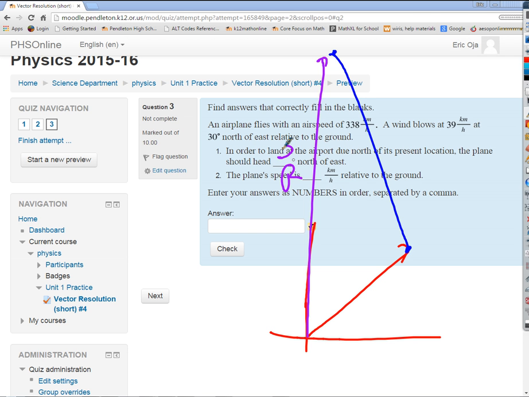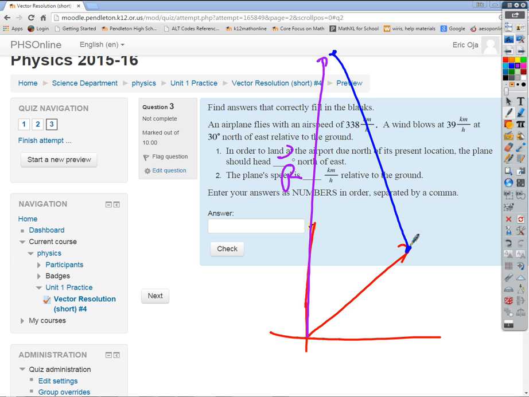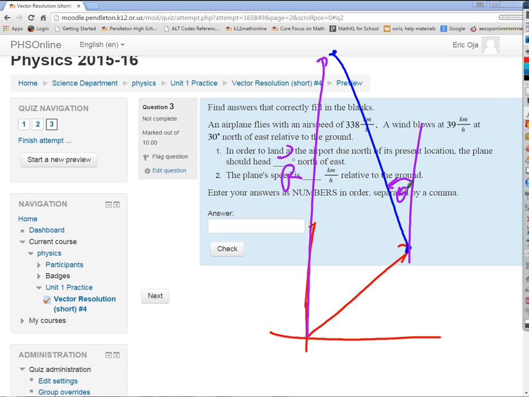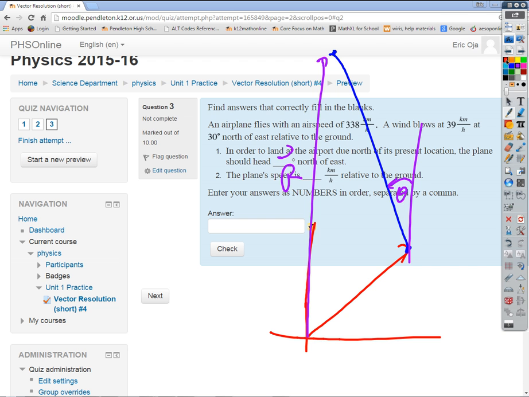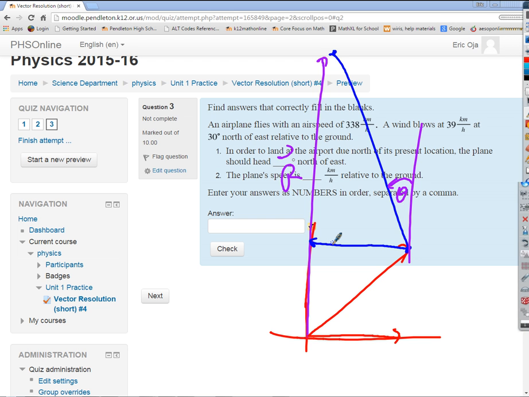So this guy right here, everybody see that this one is actually at some angle, isn't it? We had to steer it west a little bit to compensate for the east component of the wind, right? So here's the hint I'll give you. If I look at the components of the wind vector and the airplane vector, what can you tell me about the horizontal component of the wind vector compared to the horizontal component of the airplane?